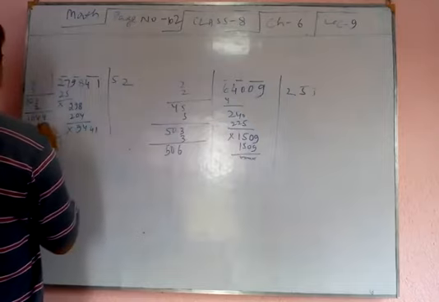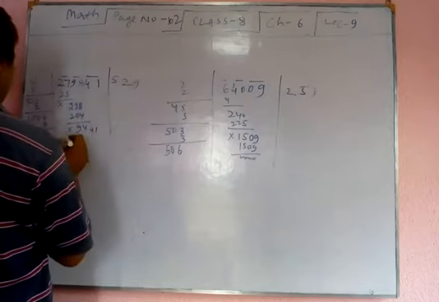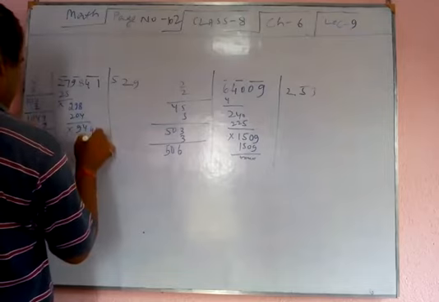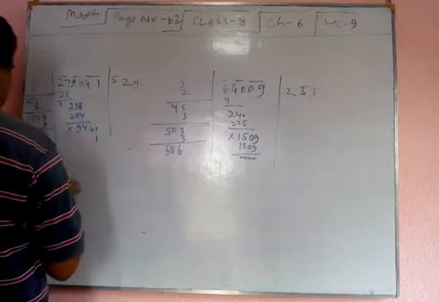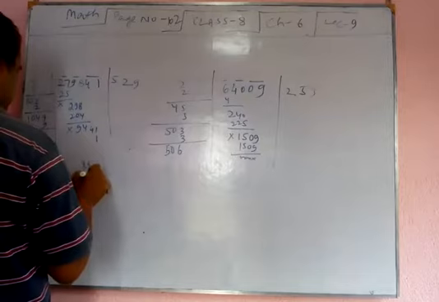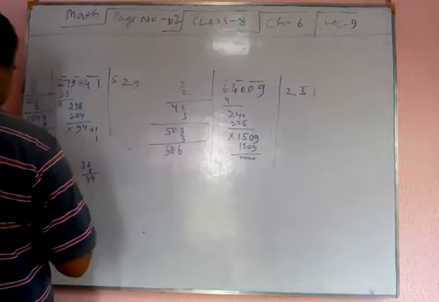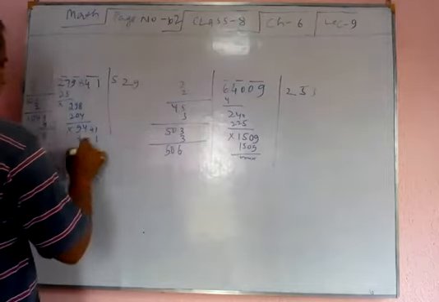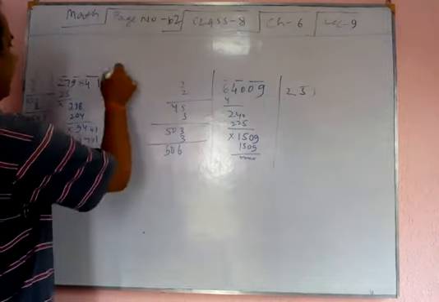9 times 1058. So 9441. So the answer is 529.